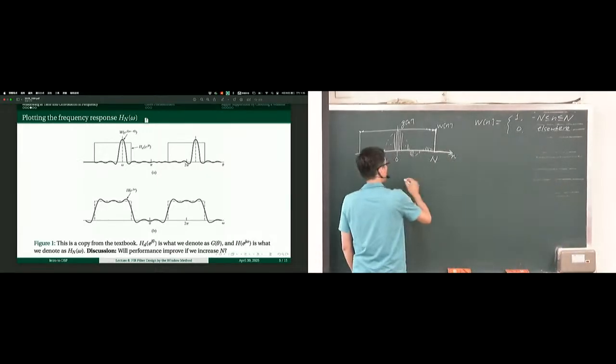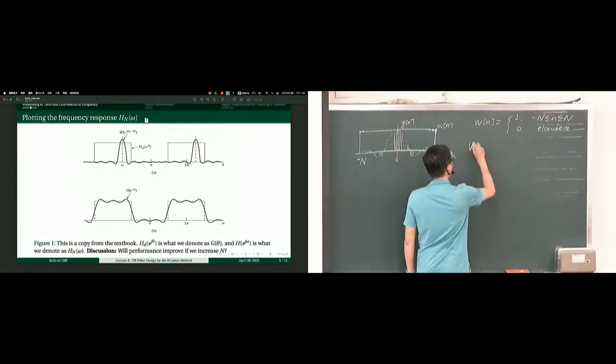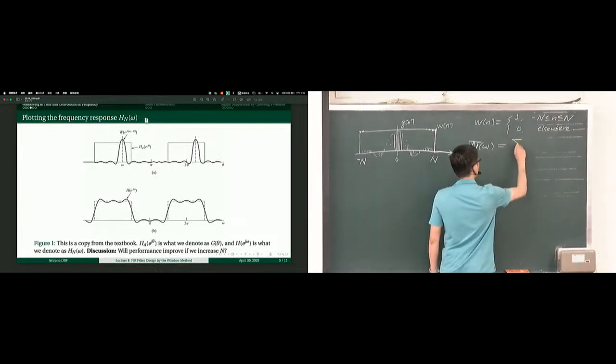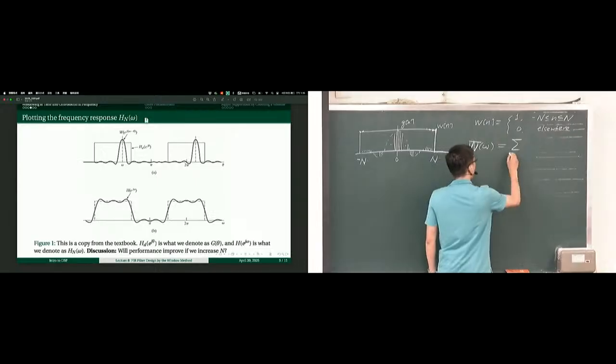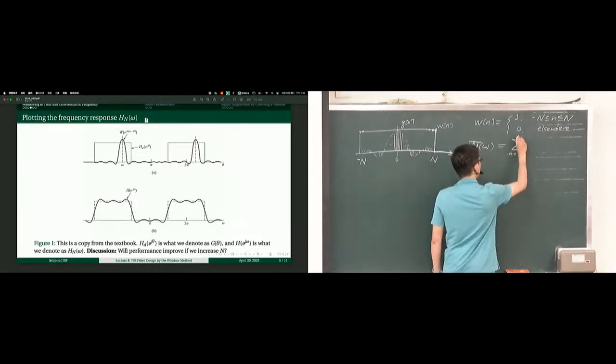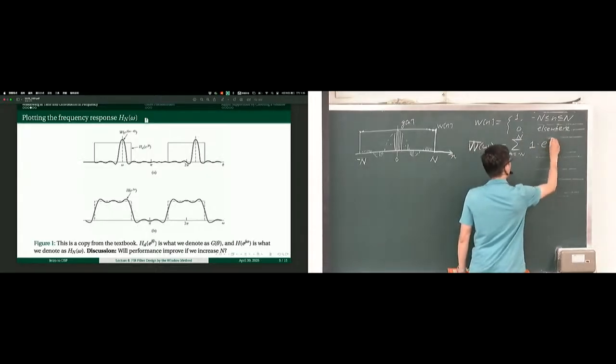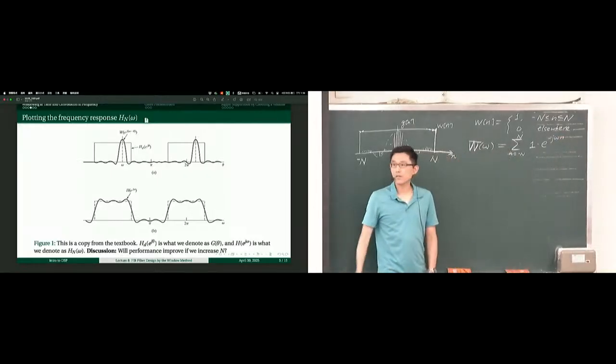So big W of omega. By definition, it's a DTFT, so we sum up over n, which goes from minus N to plus N, 1 times e to the minus j omega n. That's the summation expression for the DTFT, according to the definition.